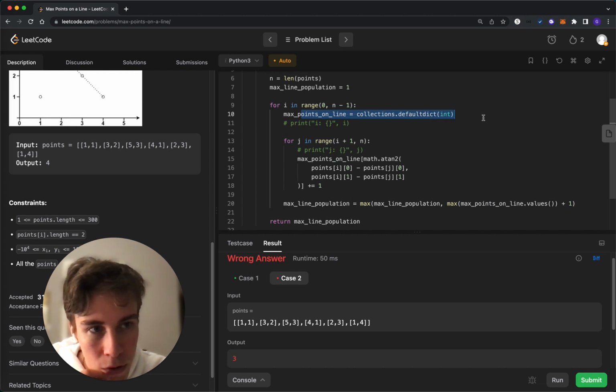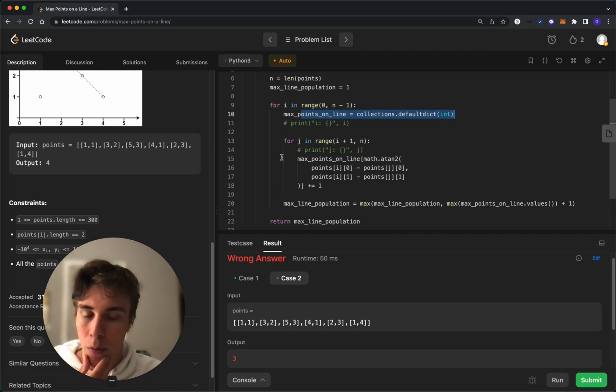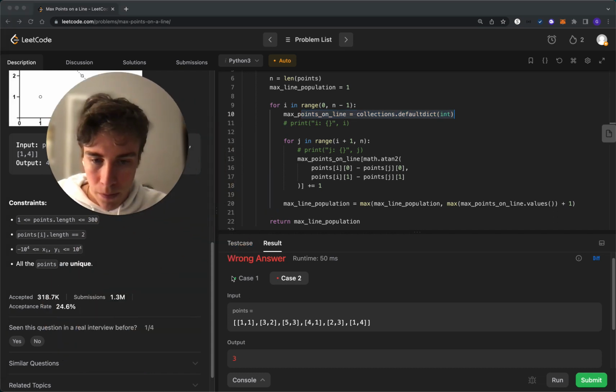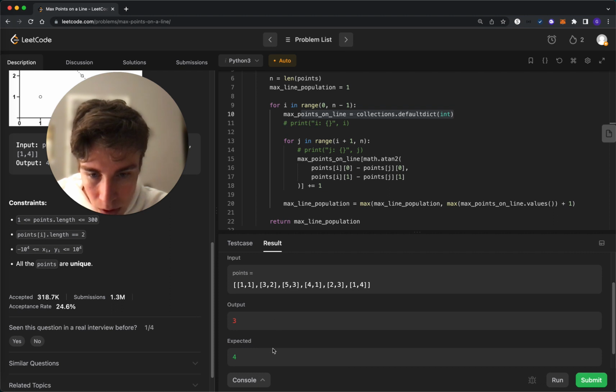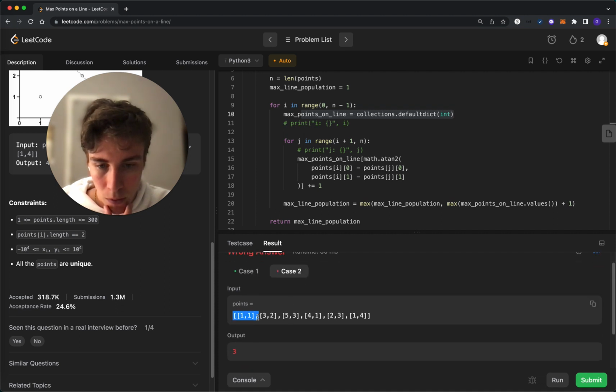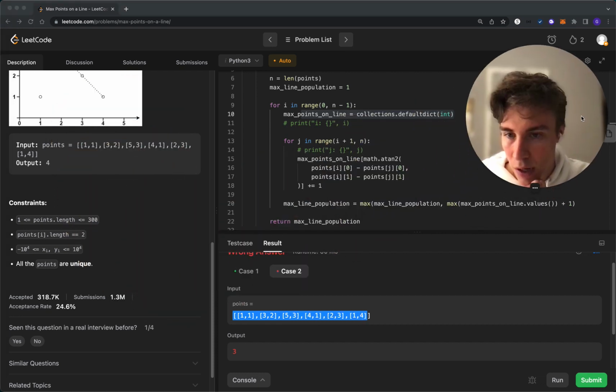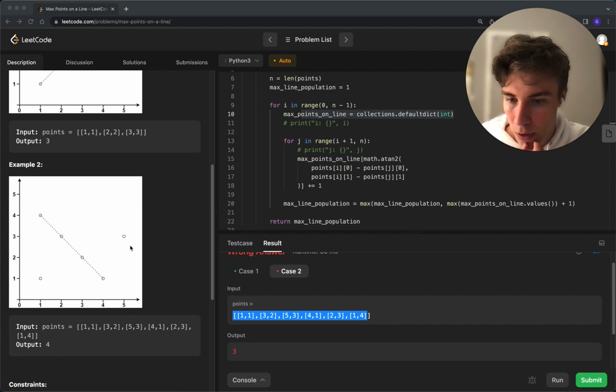So the first time I look through the point, it goes, oh wait, the first one worked. It's the second one that didn't work. Expected 4, but only got 3. Oof. Output 3, so 4. This is the second one that I'm doing here.